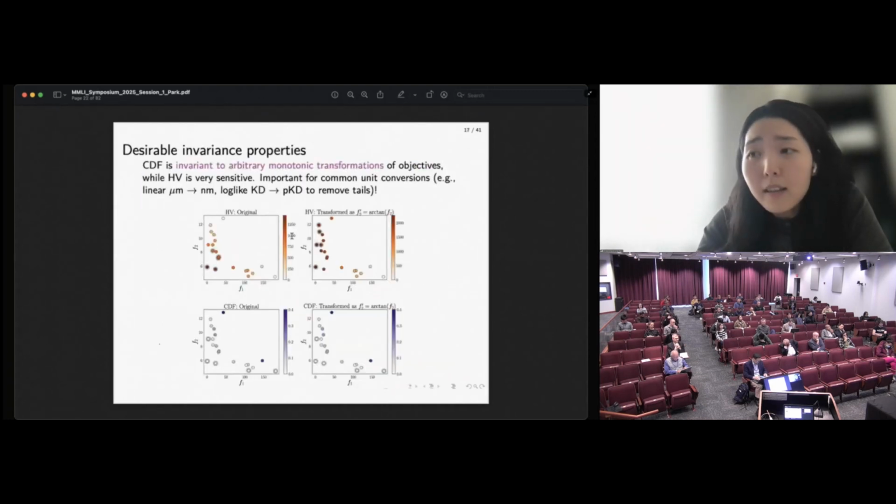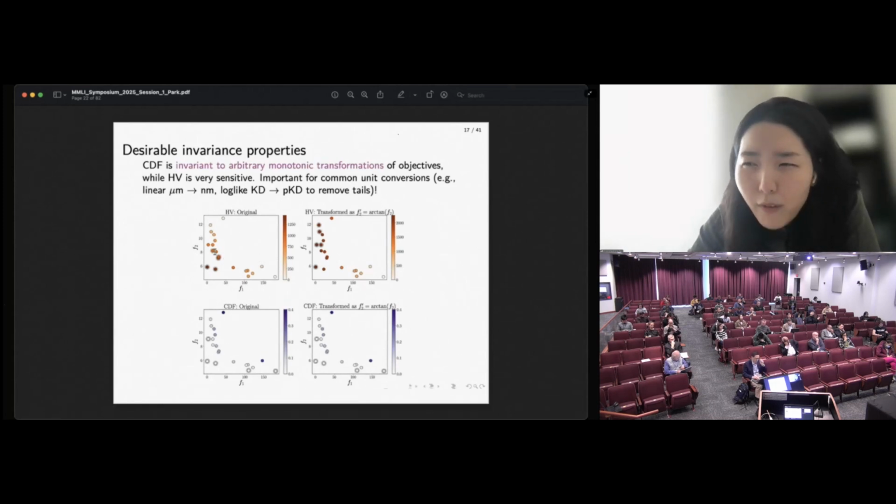Now we address the second limitation of hypervolume, the sensitivity to rescaling. The CDF indicator has a nice property of being invariant to any monotonic transformation of the objectives, which is a property inherited directly from the CDF. So on the top left here, we have molecules plotted in the original property space and colored by their hypervolume.